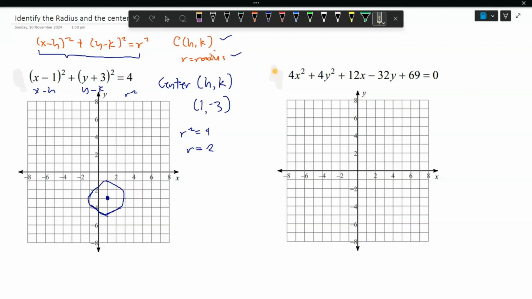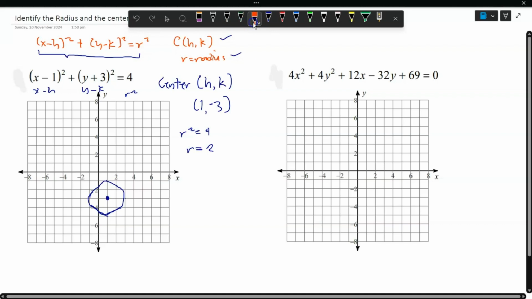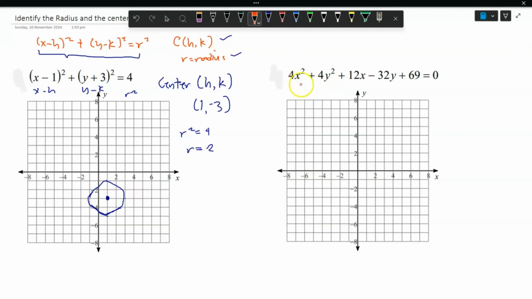So first thing that we should do when we have this kind of equation is to rewrite it into its standard form. And how do we do that? We're going to use completing the square. So let's try. What I'm going to do is group together like terms. So this will go to this, and then this will go to this, and the constant, I will move to the other side of our equation.